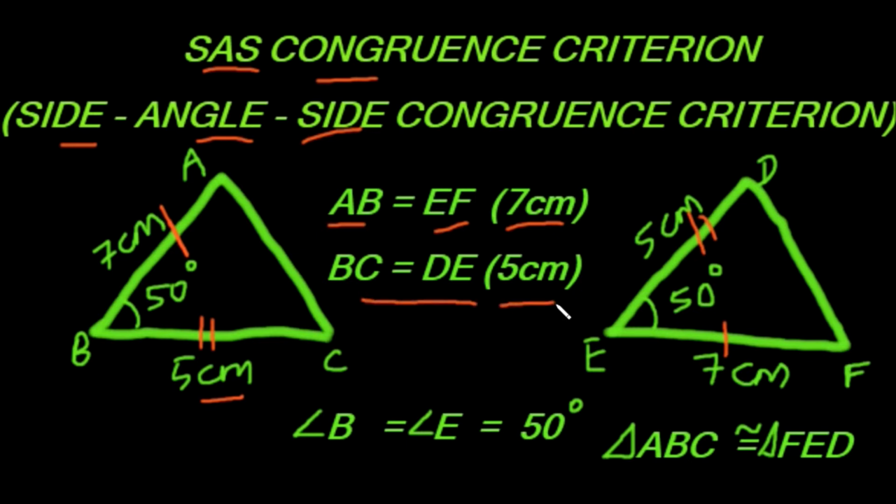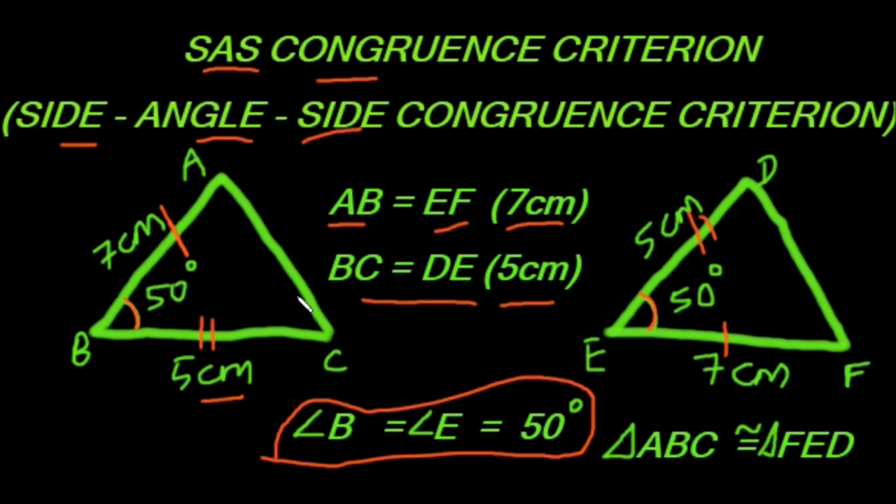Now, also note that the angle B is 50 degree and the corresponding angle in the other triangle is also 50 degree. So angle B equal to angle E, which is equal to 50 degree. Now you must know that the included angle always lies between the two sides of a triangle. So the angle will always lie in between the two sides of a triangle.